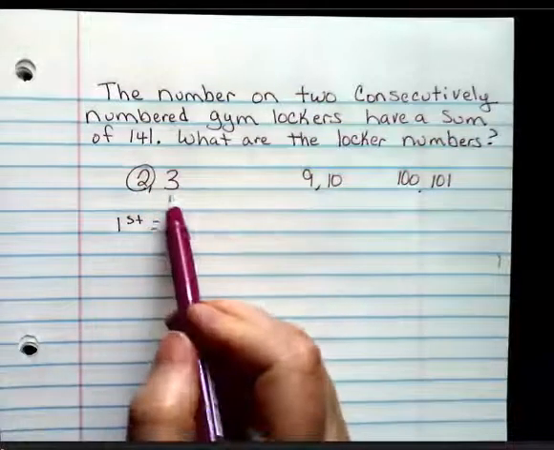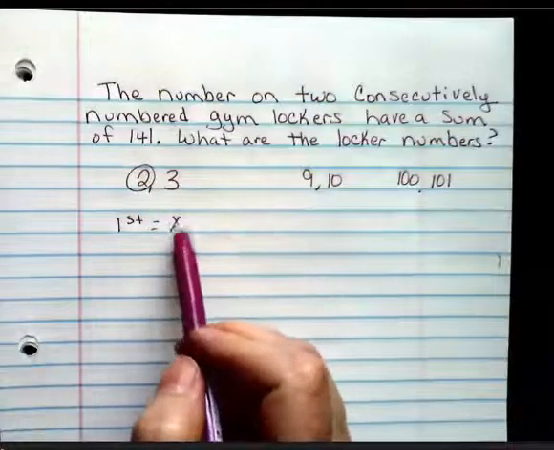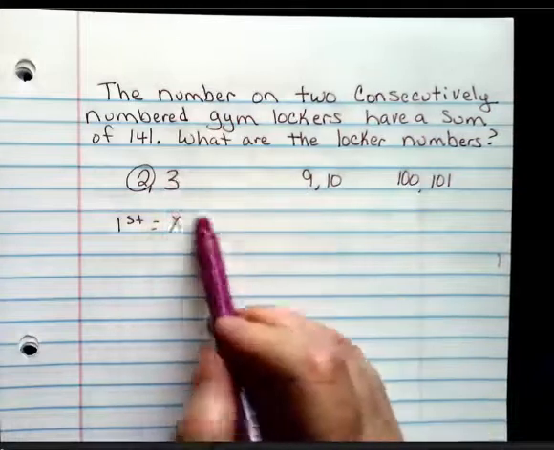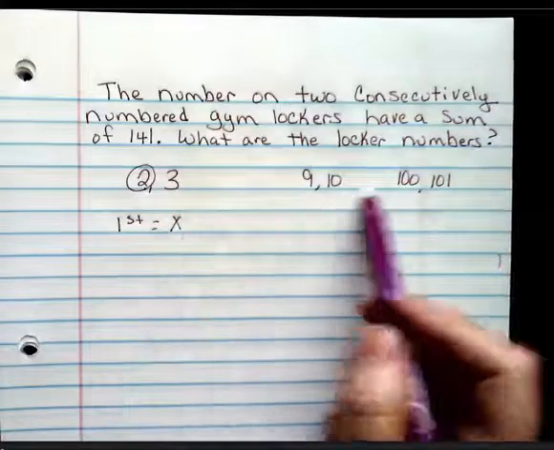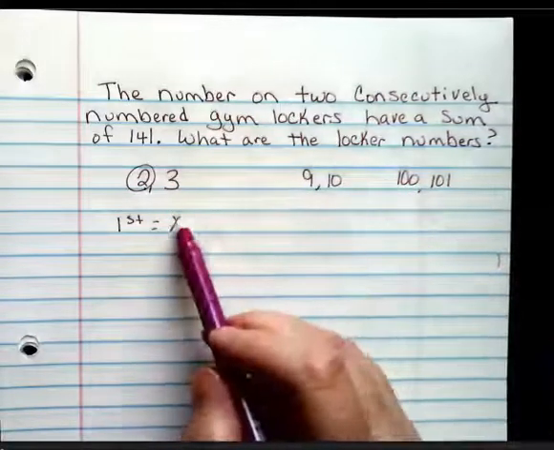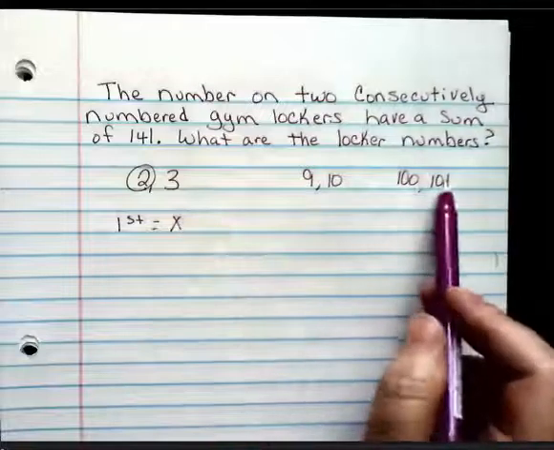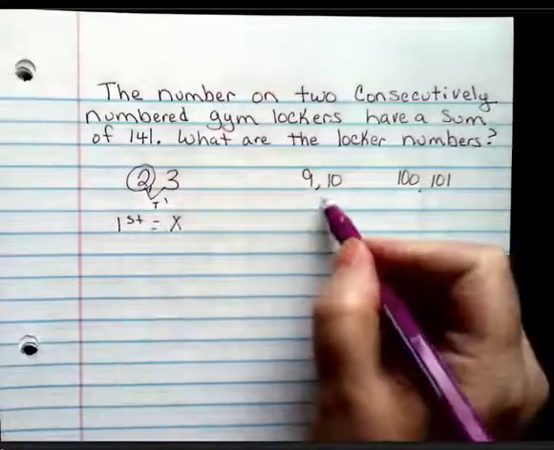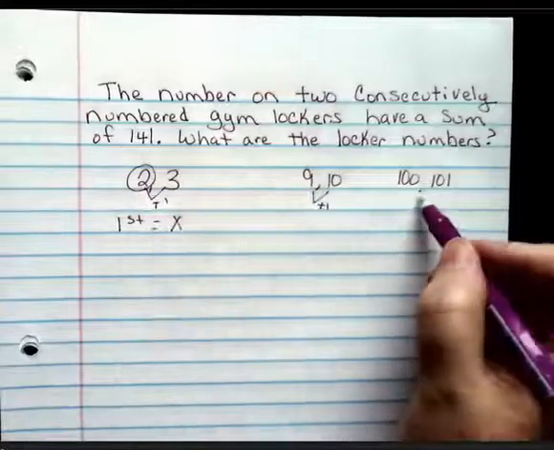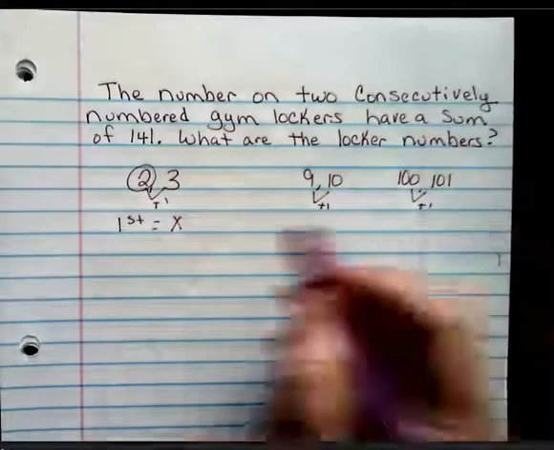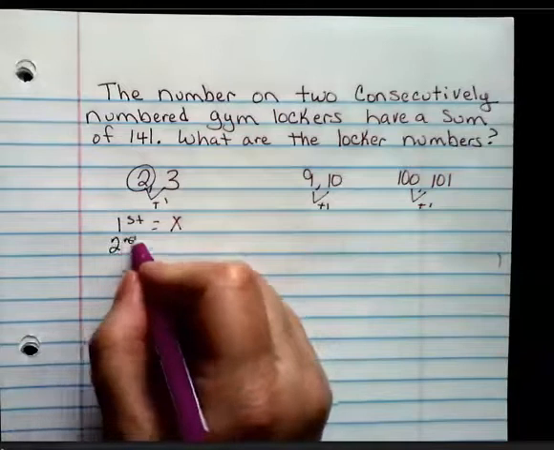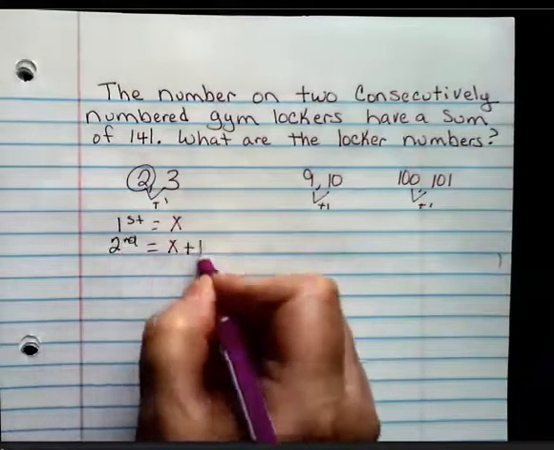Tell me, what would you do to x to get to the next number? If x was 9, what would you do to x to get to 10? You would add 1. So, if your first number is x, your second number is x plus 1.